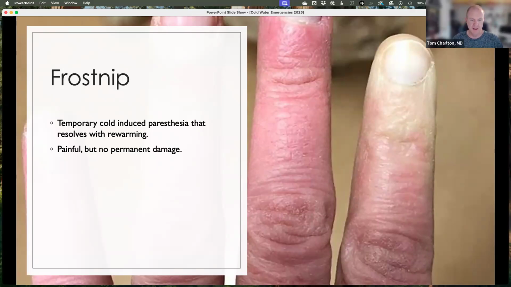That's frost nip. As it rewarms, it can be somewhat painful, and that's just simply everything kind of waking back up. But it does not leave any permanent damage unless you happen to injure yourself because you can't feel your extremity. But generally, this is not going to cause any type of permanent damage.